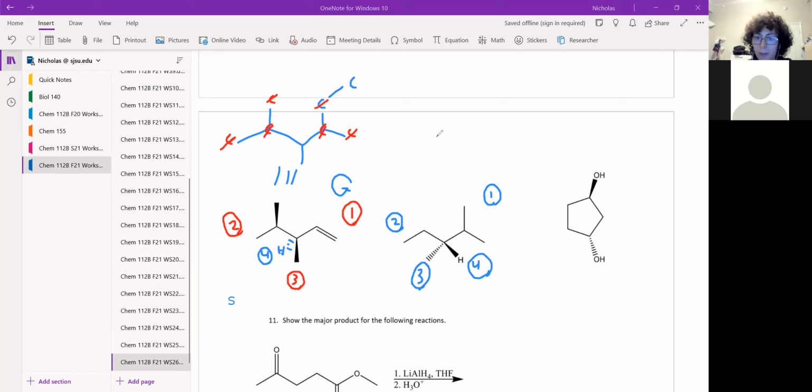So then going from 1 to 2 to 3, it looks like this. So it's the stereochemistry. Yeah, it looks like it's S, but the hydrogen is on a wedge, so you flip it. So it's S, it's R.